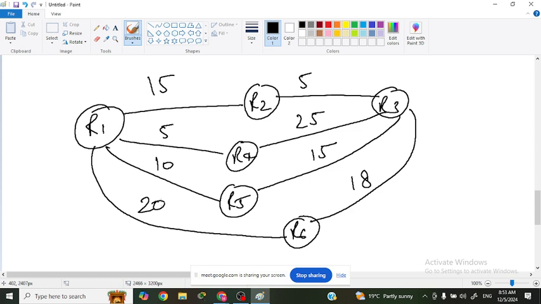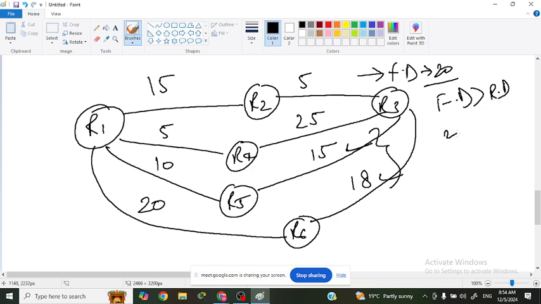Am I correct? Okay. For both of these paths, the feasibility condition is true, because FD is 20 and FD is greater than RD: 20 is greater than 15 for this path, and 20 is greater than 18.